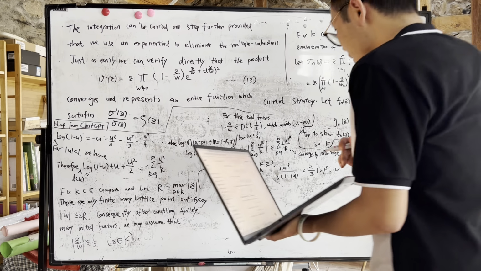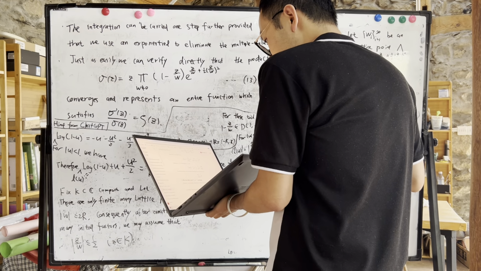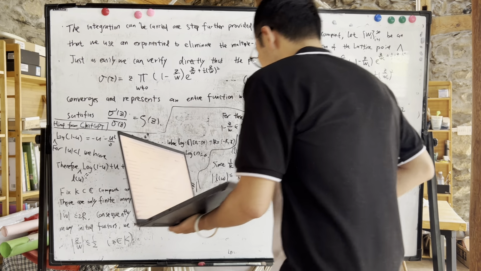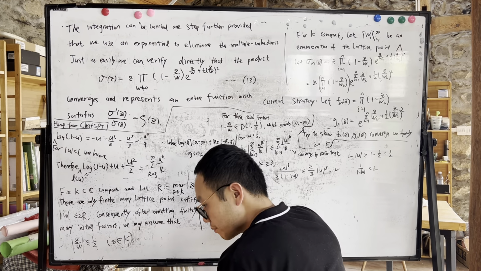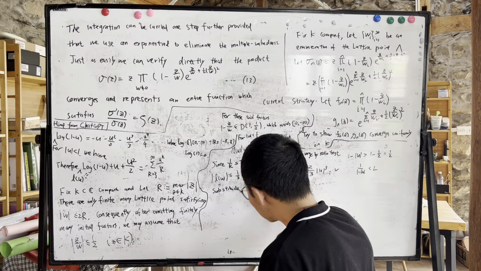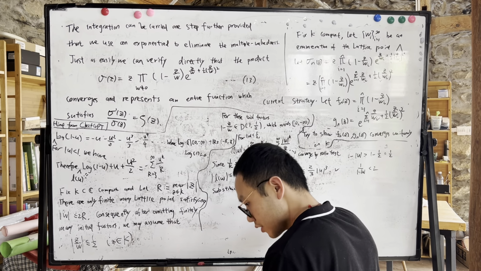Okay, so now let's see. So now we substitute u, which is equal to z over omega.